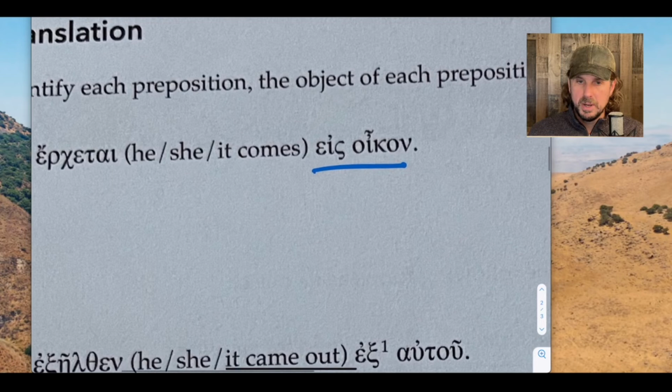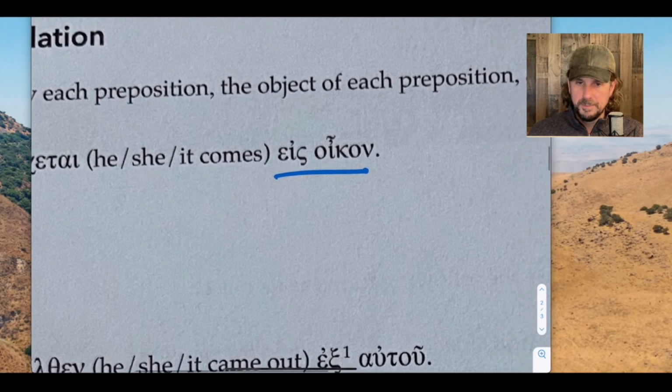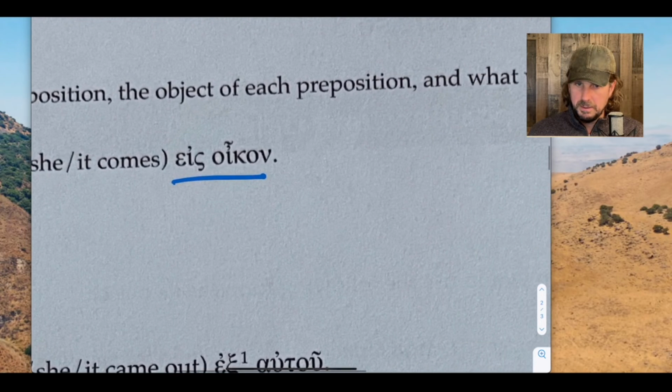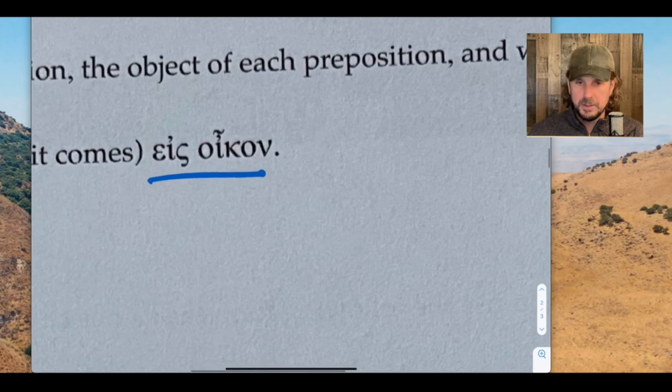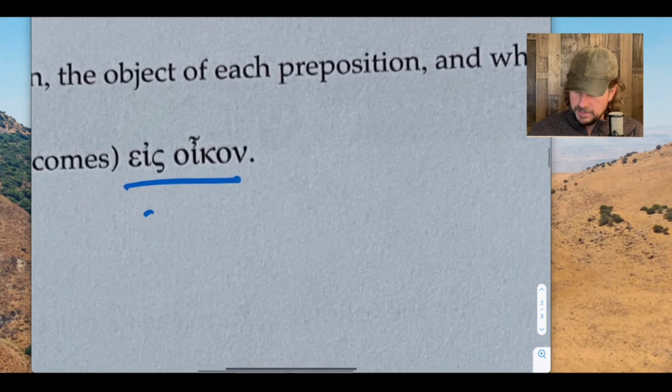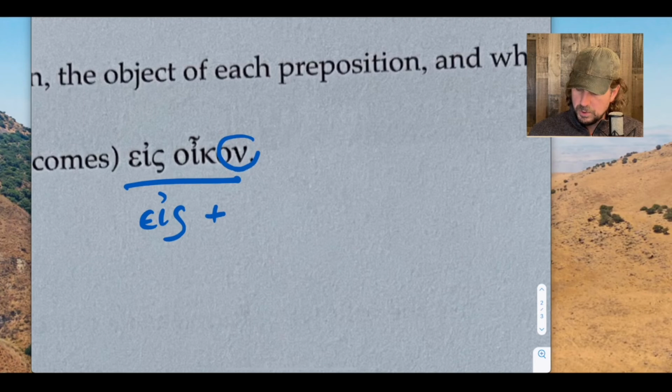So he, she, it is coming, it comes, and then we have a prepositional phrase. So we already know what the verb means. We just need to zero in on this. So eis, well, here's another preposition from Chapter 8's prepositions. Eis plus we have to look at this word. What ends in a nu? And what we'll find out, it's going to be accusative.